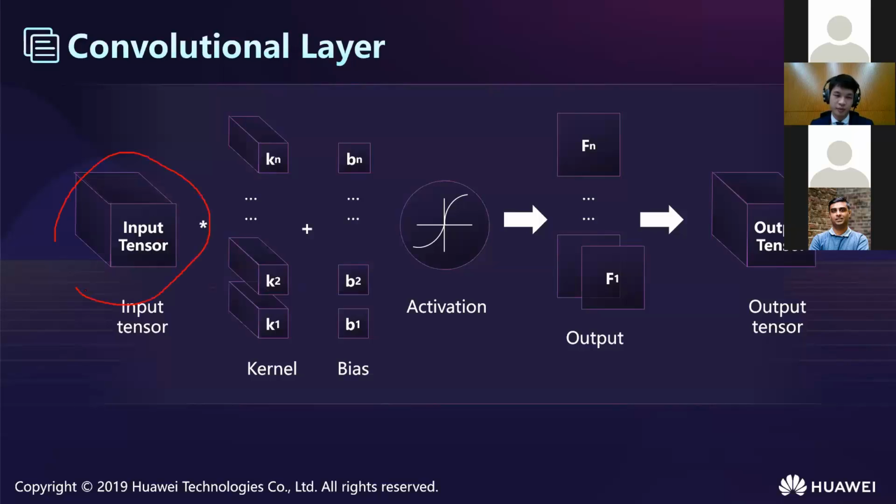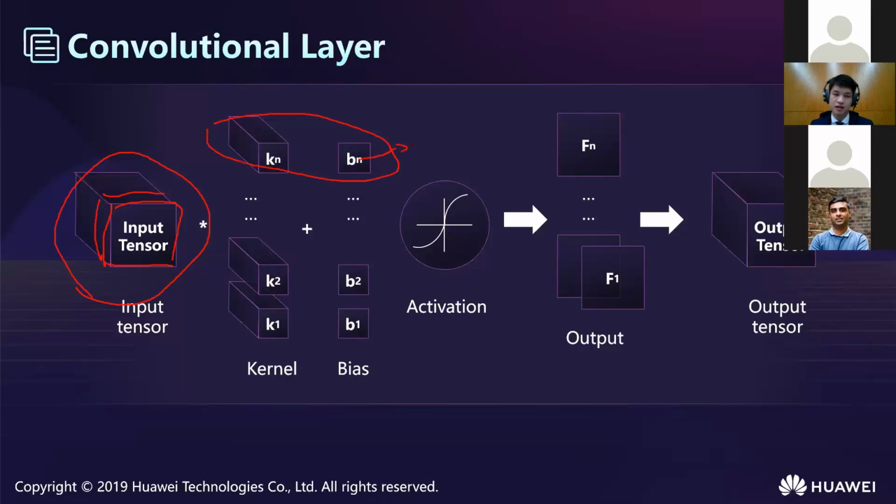We will input one tensor. Of course, that is the image, and there can be a lot of channels in this image. And then we can use a lot of kernels to do the convolution, and each kernel has one bias value.